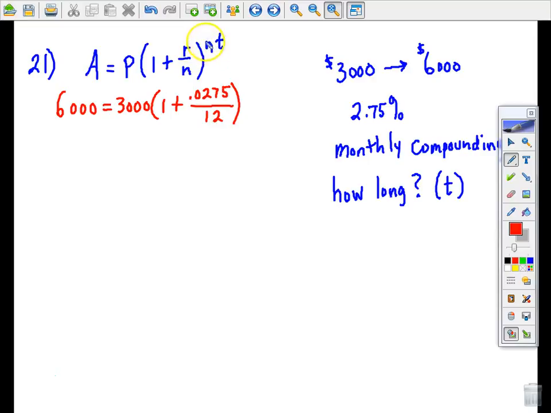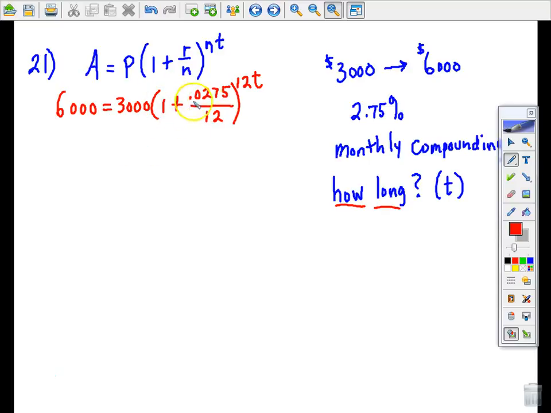You'll see N again up here in this exponent, but T represents years, and that's what this problem is asking for: how many years did it take for this initial investment to double at this interest rate? So let's get this into a point where we can change it into a log equation, then our calculator will do the work for us.